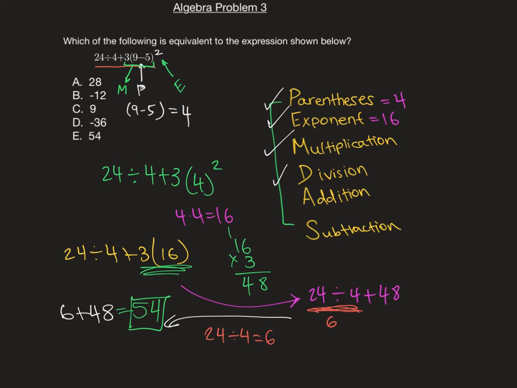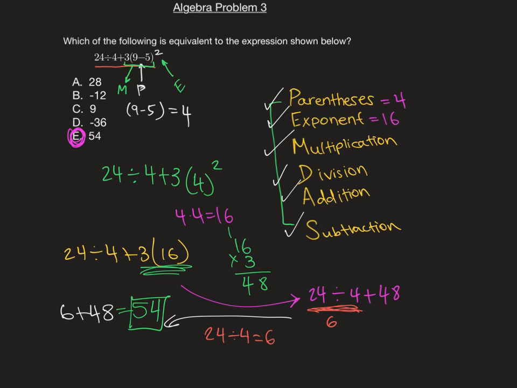We can just go ahead and mark off addition and subtraction because we finished our problem. So our final answer would be 54. Let's check our answer choices. Answer choice E is 54.